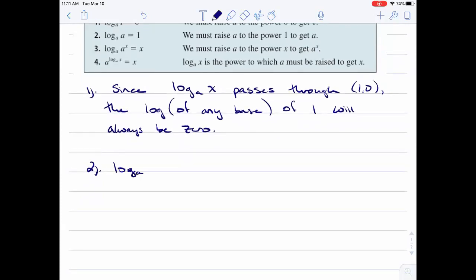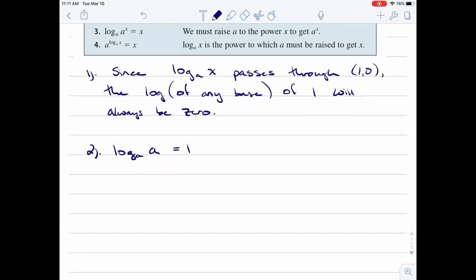So log base a of a is 1, which says that the log of the base is 1.